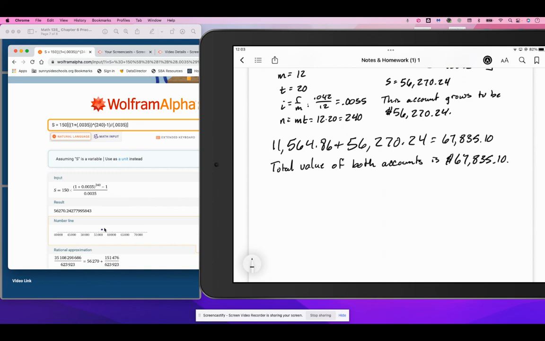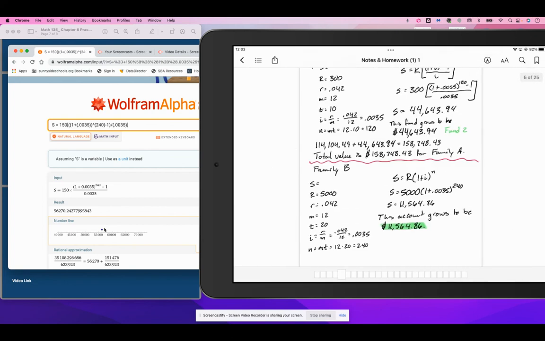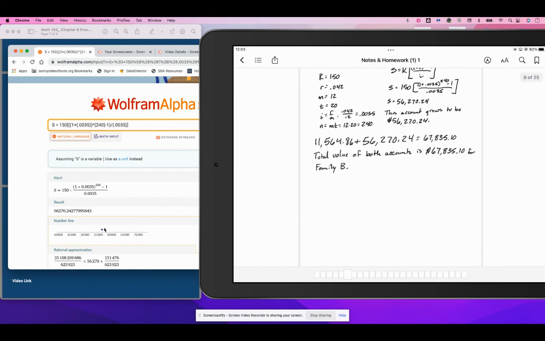So for Family B. And so I think Family A had way more, yeah. Family A had nearly $100,000 more. Family A ended up with $158,748. And Family B ended up with $67,000.